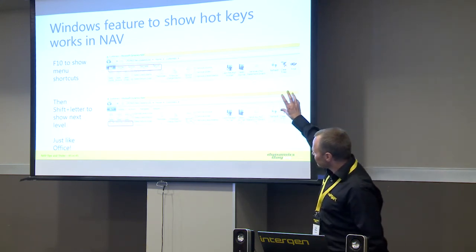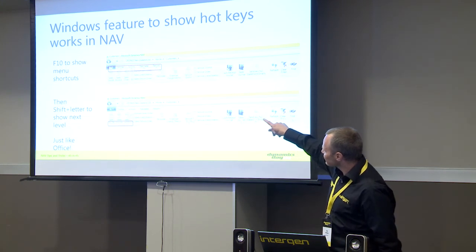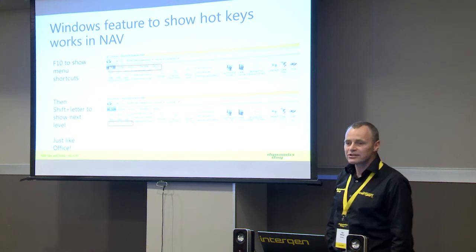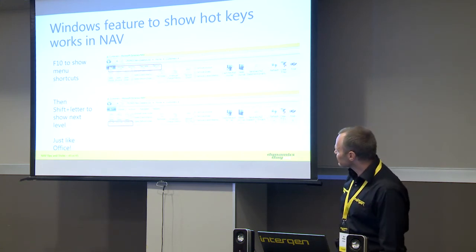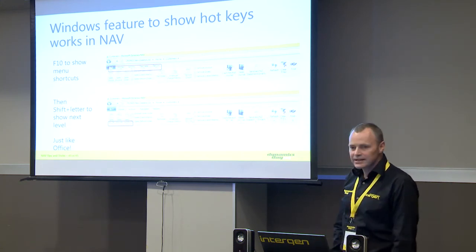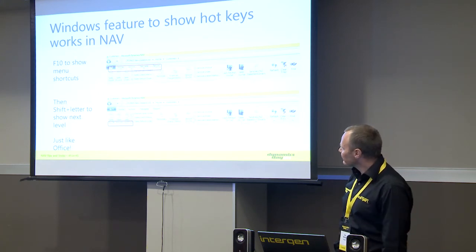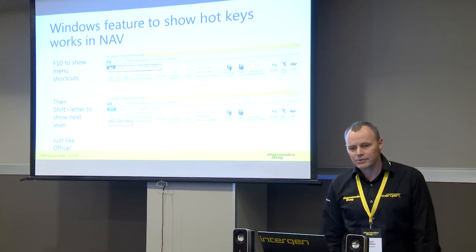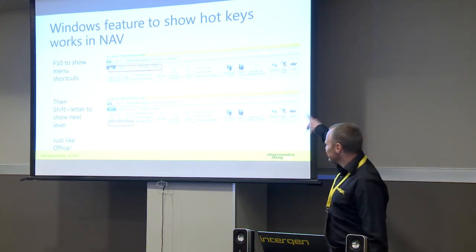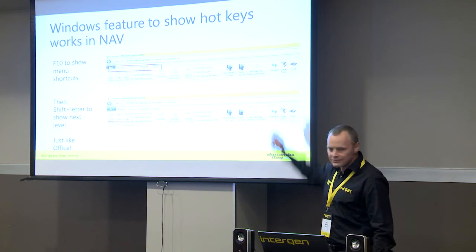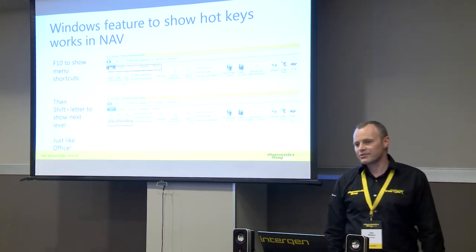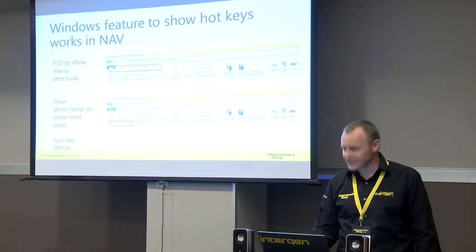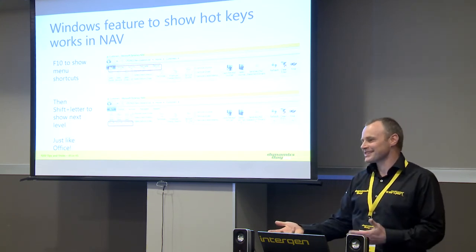On that ribbon, I've got a Home, and Actions, and Navigate, and Report menu options along the top, and it's just put in what the hotkeys are, and then if I use Shift and the letter that's there, it'll open up that menu and take me down to the next level, and it's got all the hotkeys from there, just like Office. I didn't even know you could do that in Office until I started studying for this.